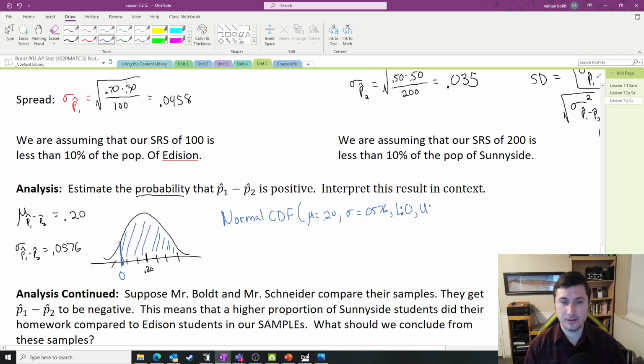and the upper, well, it goes on forever, doesn't it? So you just need a really big number here, like 1,000. Plenty big enough in this case. That will give me the probability that P1 hat minus P2 hat is positive.